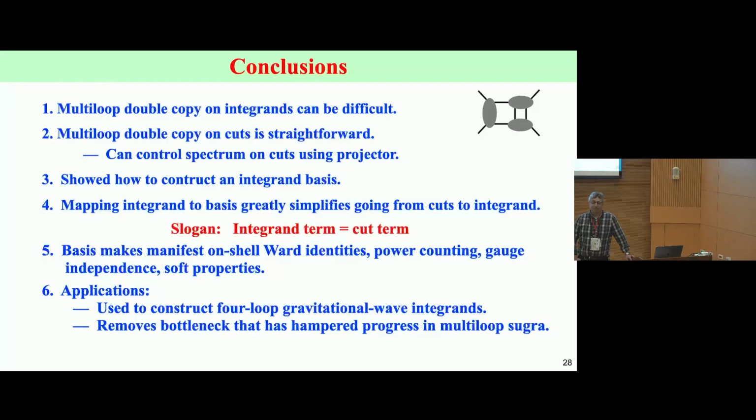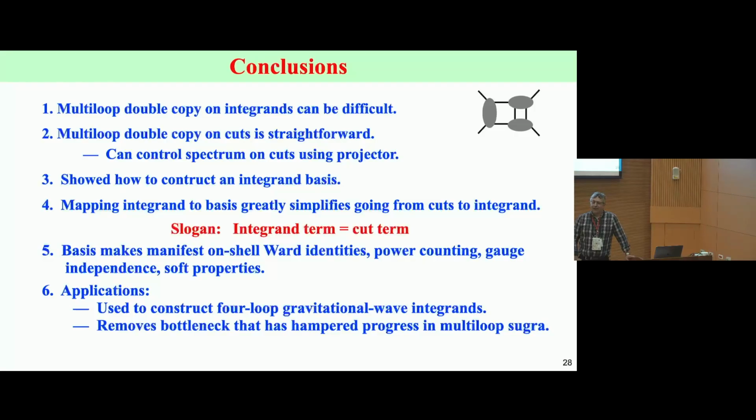And one of the spectacular advantages of what you're doing here is you're really finding the minimal number of cuts you need to target an integrand. The focus here was on constructing multi-loop gravity integrands, but having this minimal basis is just as useful when constructing gauge theory multi-loop integrands. Yes.